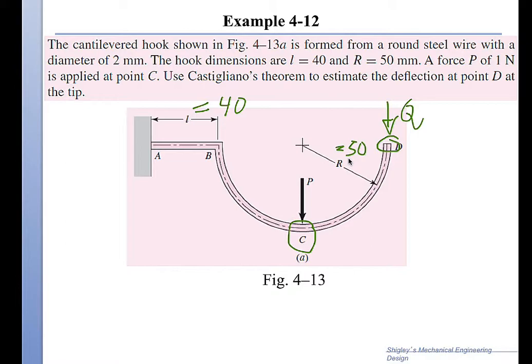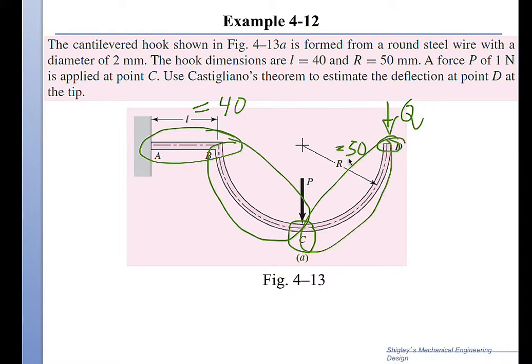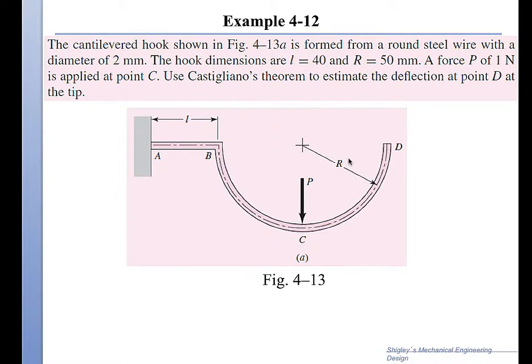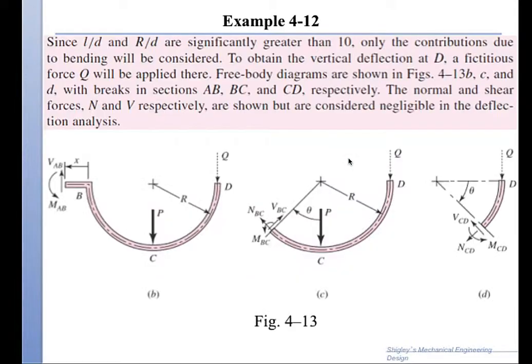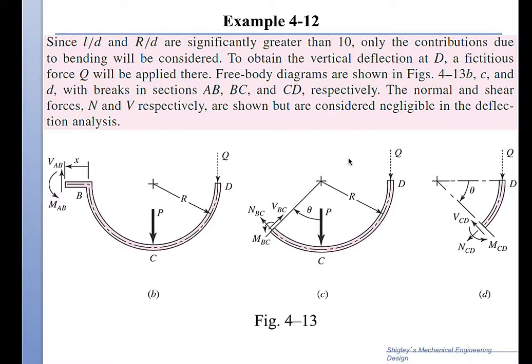And note that I have a straight section that has elastic energy stored, and then I have a curved section here up to this point C that I need to calculate the energy stored in, and then another section here from C to D which also requires additional calculations of the elastic energy stored. So let's look at the solution of this problem.